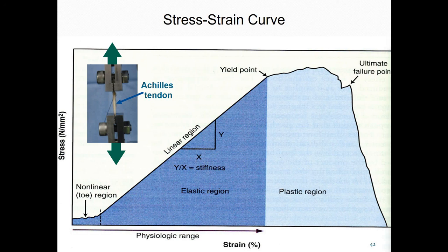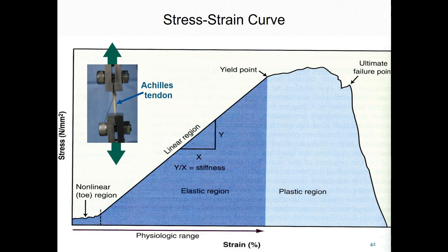Each time the two ends of the tissue are pulled slightly further apart, we measure the force that is acting to resist that distension. To calculate stress, we then divide the measured force by the cross-sectional area of the sample. So in our stress-strain curve, we have strain on the x-axis and stress on the y-axis.